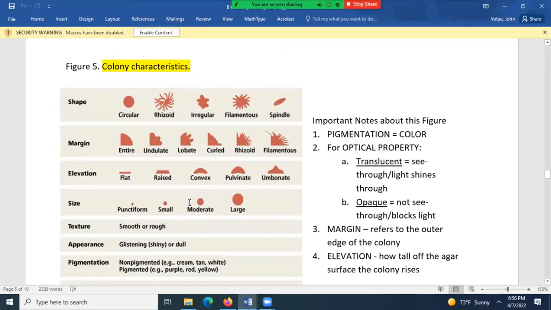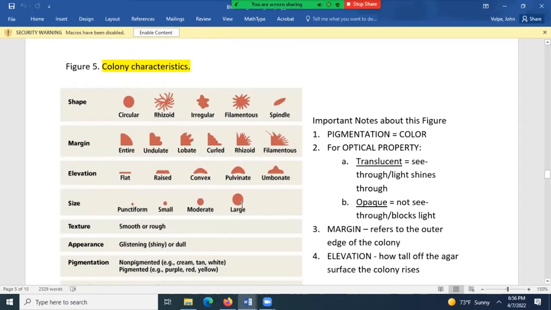You can look at the size of a colony. I'm going to start at this end. Anything that's larger than the eraser of a pencil is large.